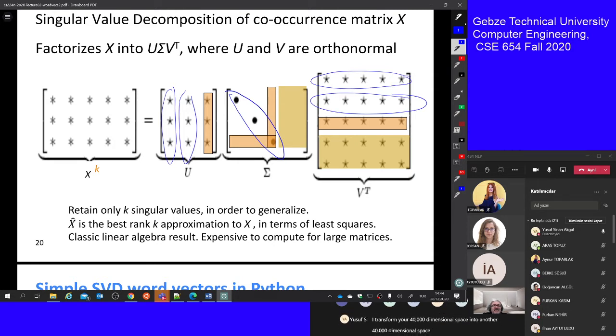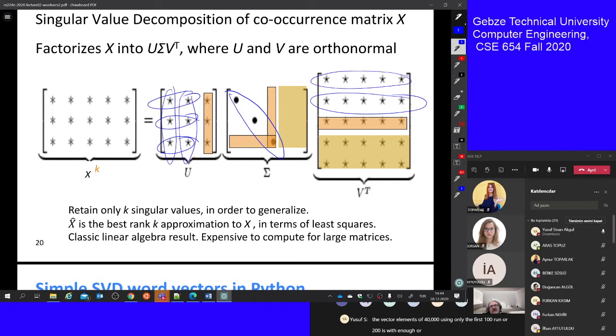But in this space, the important vectors are at the beginning, okay? So this is your first vector, second vector, third vector, etc. So you don't have to use all of the 40,000 vector elements. Using only the first 100 or 200 is good enough.